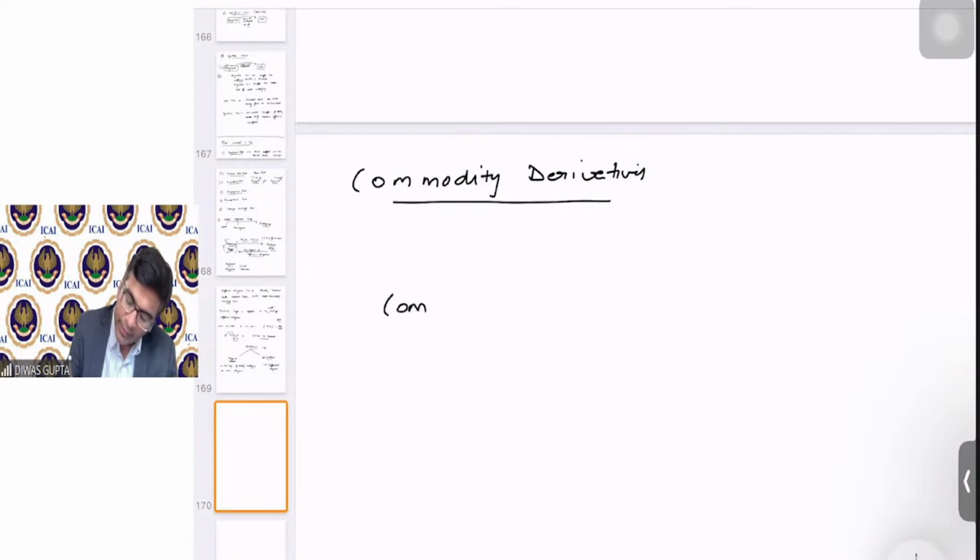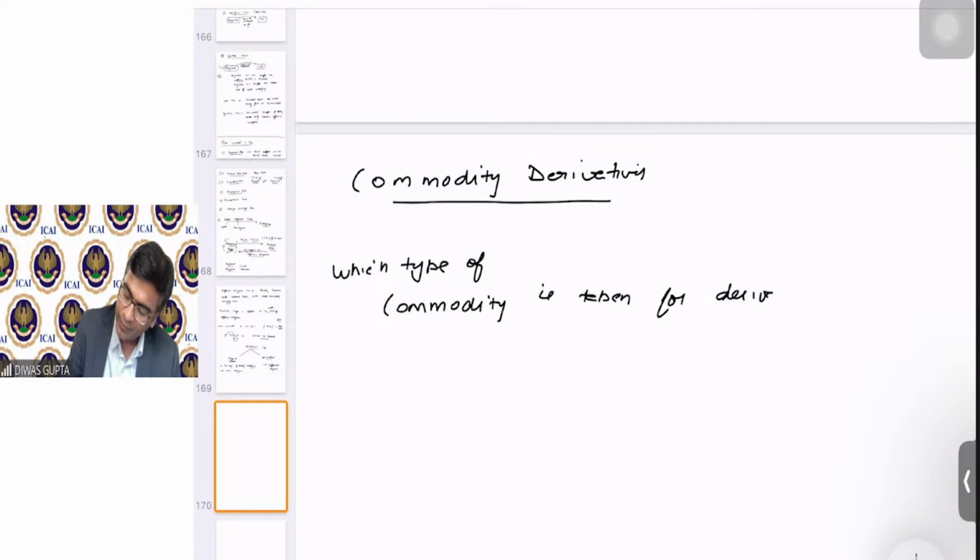So what is a commodity? Which type of commodity is taken for derivatives?